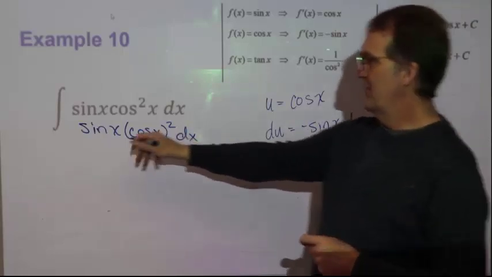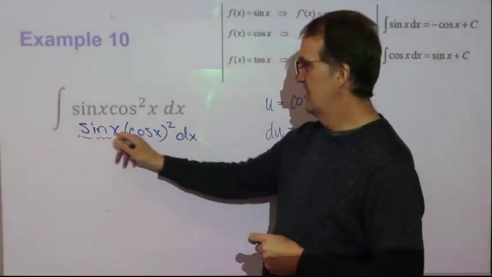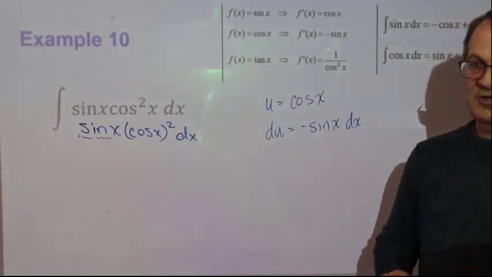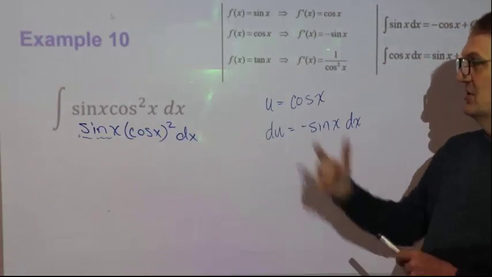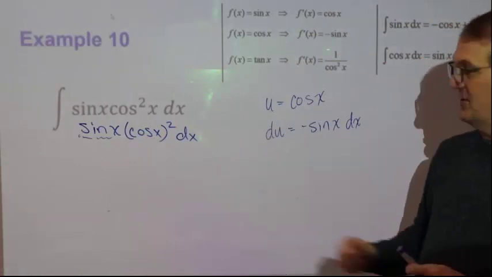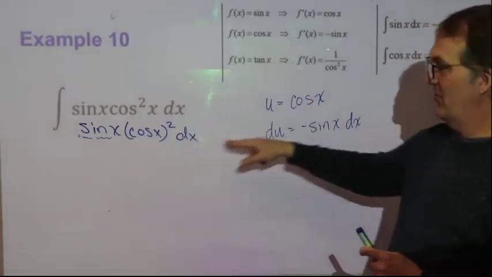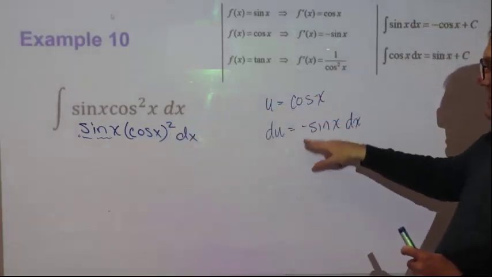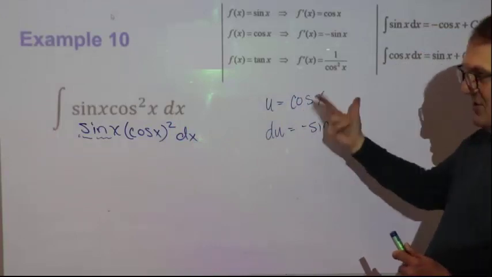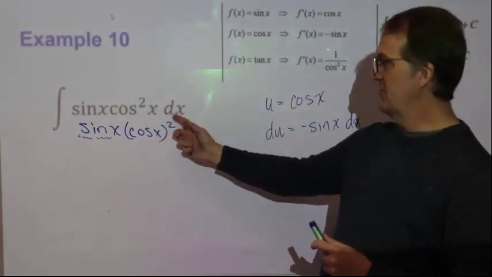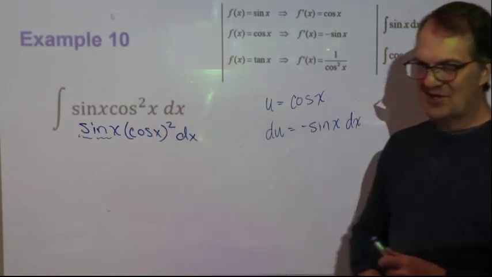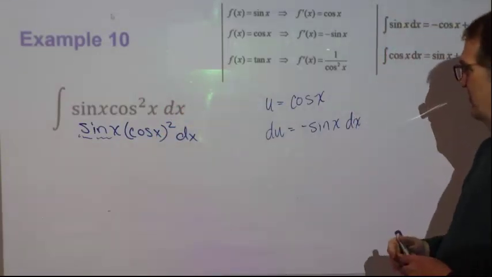And so that's why our integral has the two functions, cosine and sine, because you have cosine raised to a power, so you're going to be needing the derivative of it. It's, again, the product, or the chain rule. You have a function inside something to the second power.